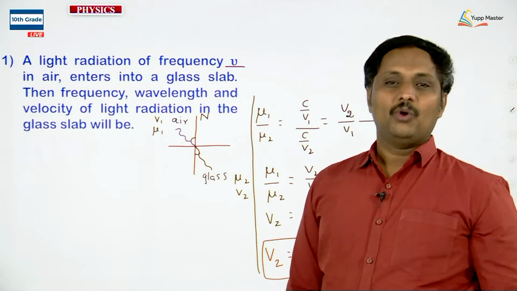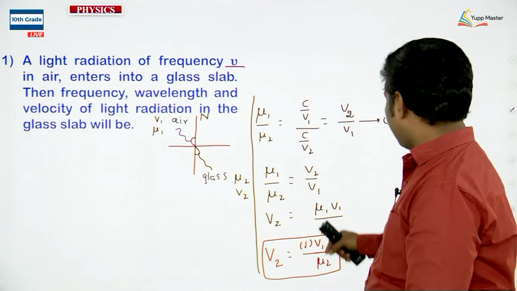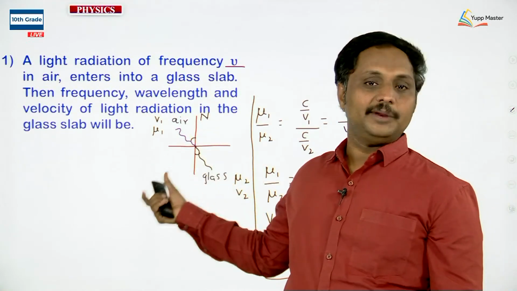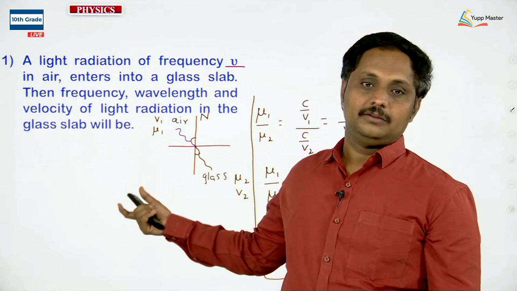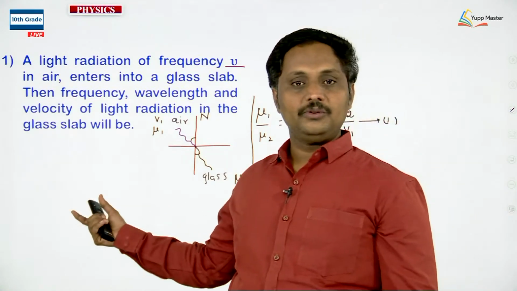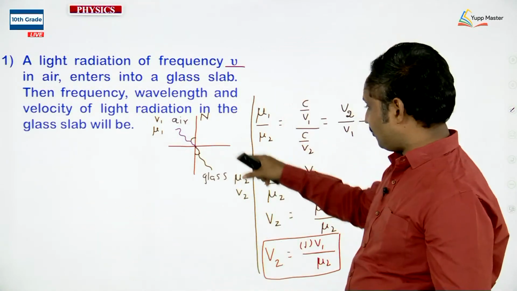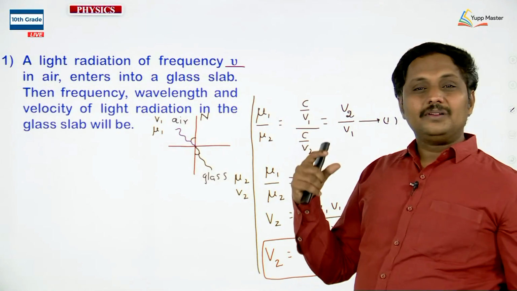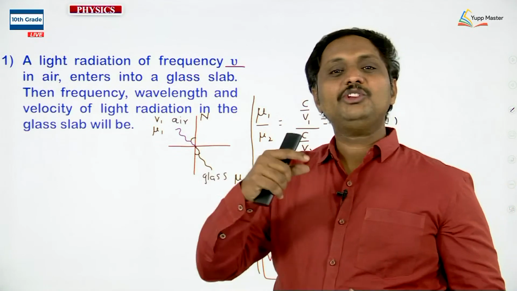Simply, in what way can you understand that matter? The speed of light in the second medium, the velocity of light also in the second medium, it travels in a straight line path. So V2 is going to be reduced.